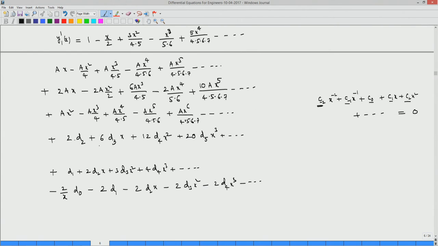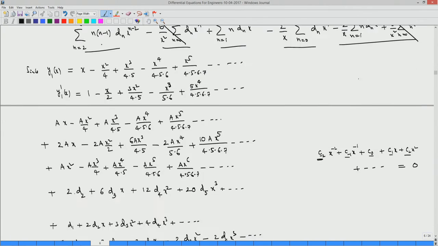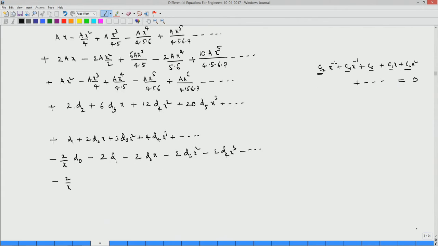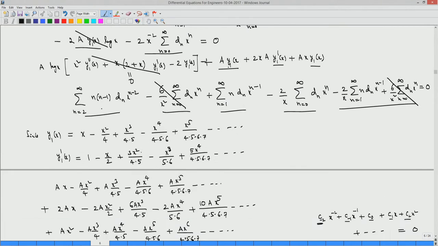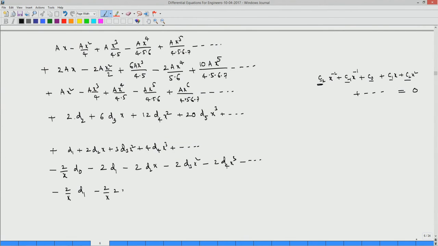Okay. So, you have minus 2 by x, n equal to 0, n equal to 1, that will give me d1, so 2 by x d1 minus 2 by x, and then n equal to 2, you get 2 d2 x, 2 d2 x minus 2 by x, 3 d3 x square minus 2 by x, 4 d4 x cube, and so on.